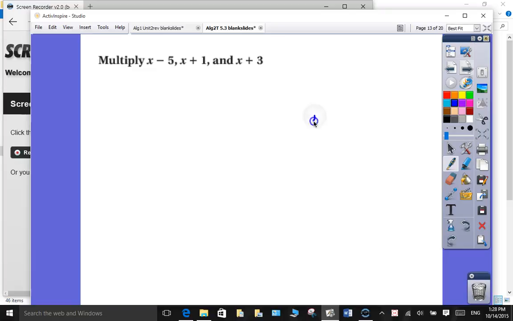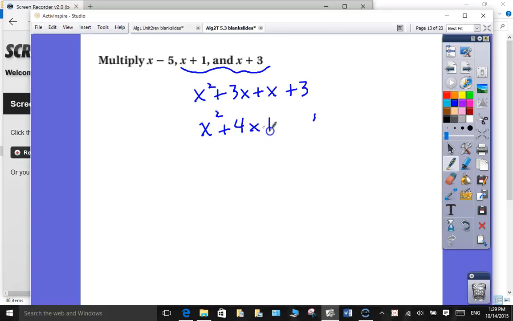Let's say that I start with these 2. That would be x squared plus 3x plus 1x plus 3, which is x squared plus 4x plus 3. And at that point, we still have to multiply by the x minus 5.